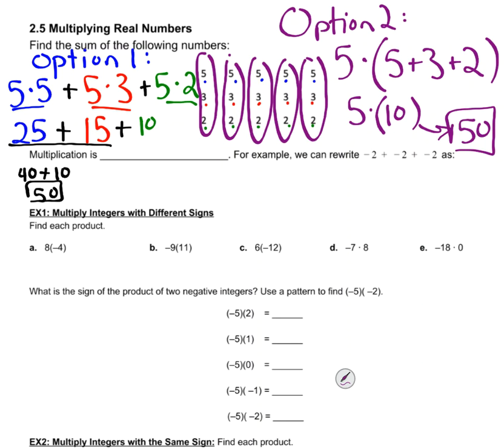Where is this leading us to? This is leading us to the relationship between multiplication and addition. So in our notes, it says multiplication is blank. Multiplication is repeated addition.